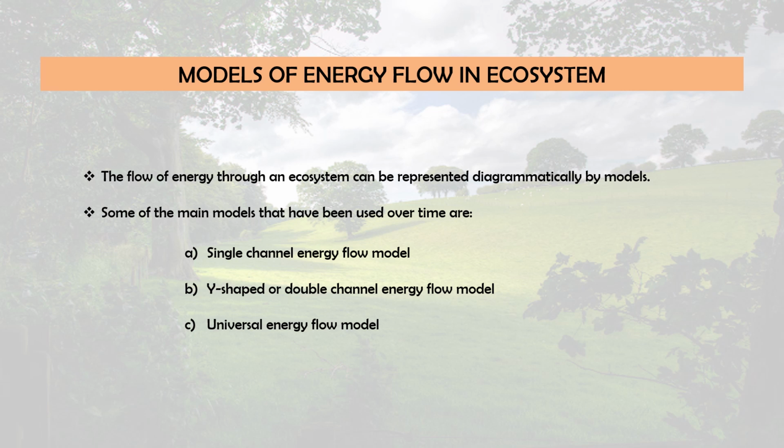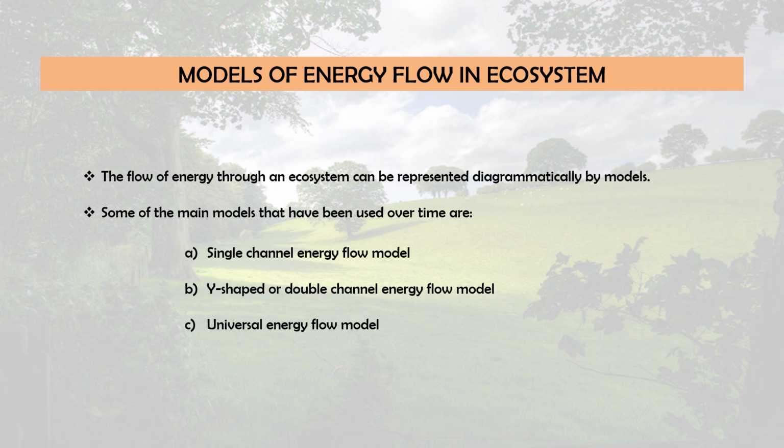Today we are going to discuss the models of energy flow in an ecosystem. As we have discussed earlier, energy flow in an ecosystem is unidirectional and non-cyclic, and the transfer of energy takes place from one step to another on the basis of trophic levels.